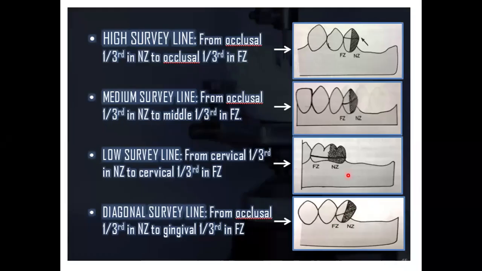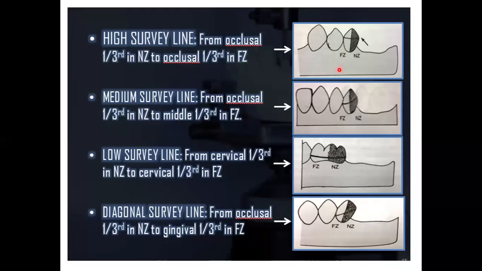In most of your molars, you'll have a low survey line or a medium survey line. In your anterior teeth, like centrals or laterals, if you're planning to get a survey line, you will get a high survey line.